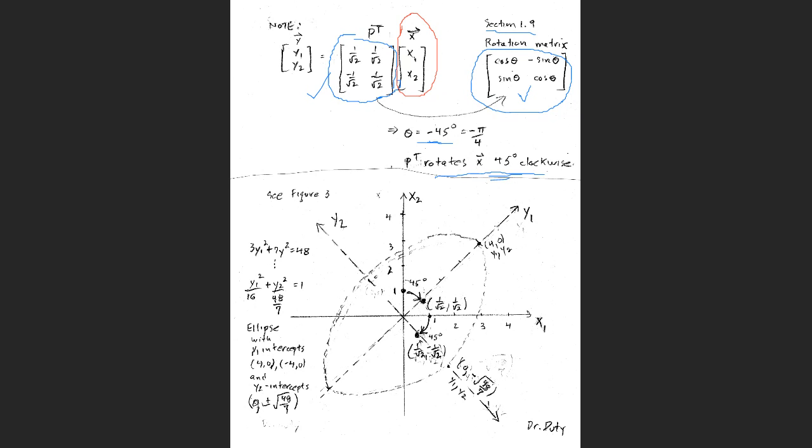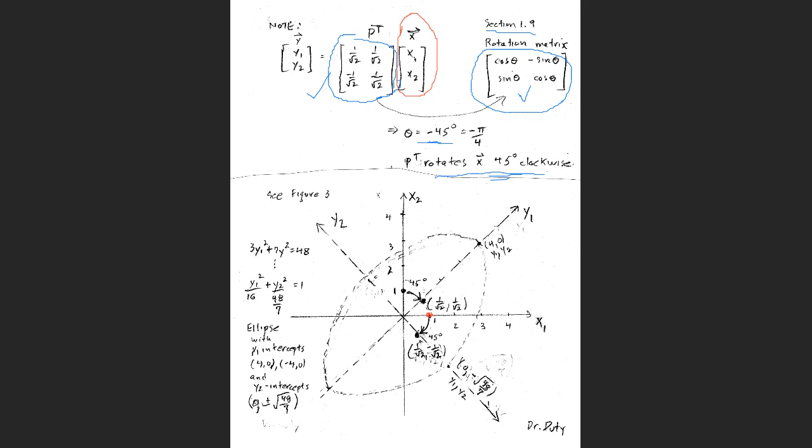Okay, so what I did was I drew a picture here. I drew an x1 and x2 axis, and based off of that, using this rotation transformation, I get the y1, y2 axes from which I'm going to draw my ellipse. So first, let's look at 1, 0.